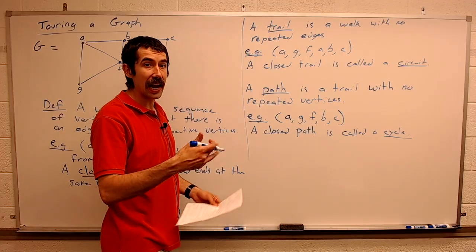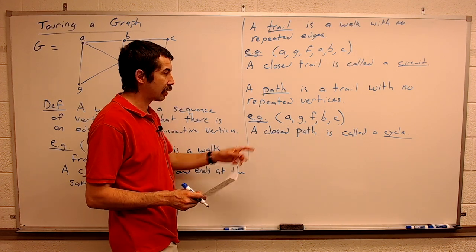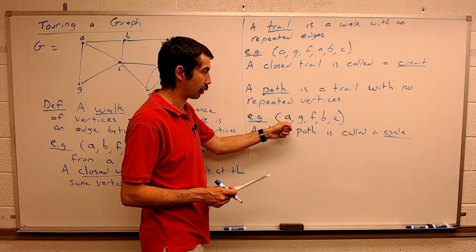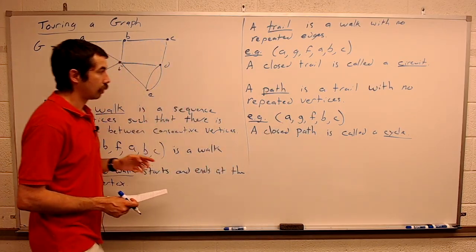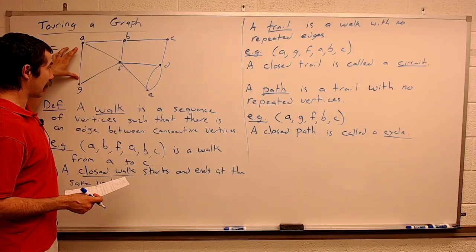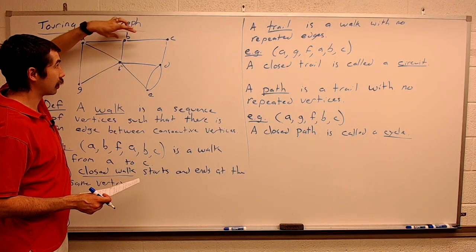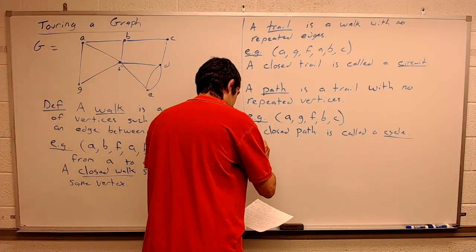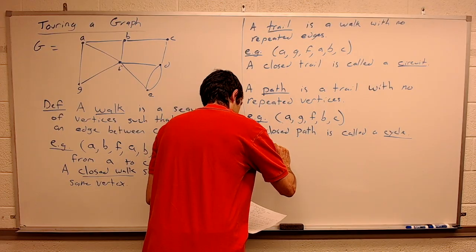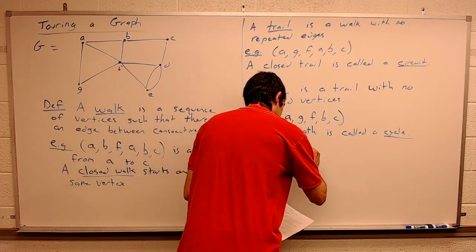The length of any of these tours is the number of edges. It's not the number of vertices. Okay, so the length of this path here is AG, that's one edge, GF, 2, FB is 3, B to C is 4. Okay, so the length is equal to the number of edges.